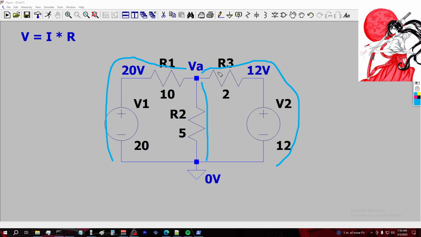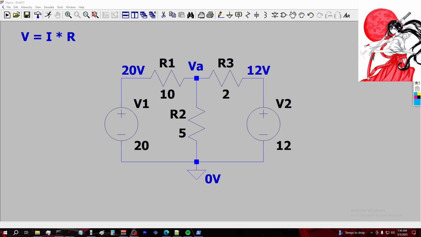There are other ways to find VA too, but this is hands down the easiest way because it takes the least amount of mishaps. If you do it the other way, you would mess it up a lot. So this is the easiest way to do it, and we're going to do it this way.